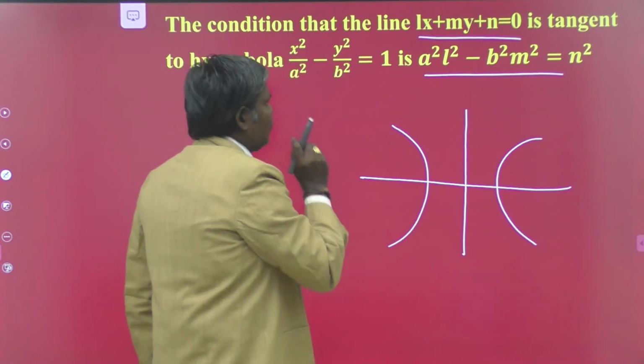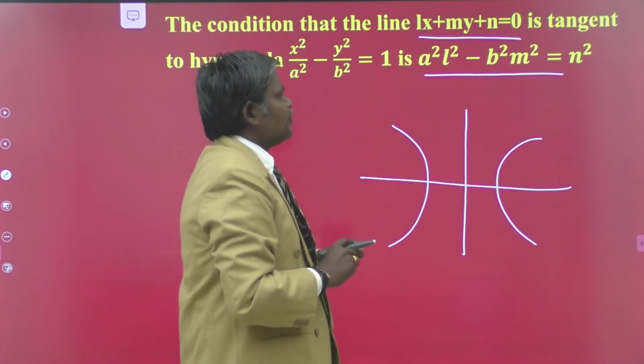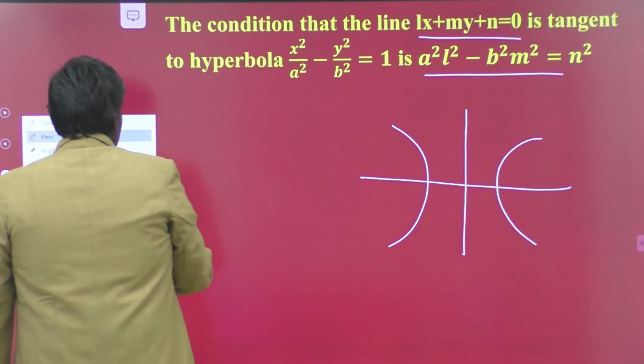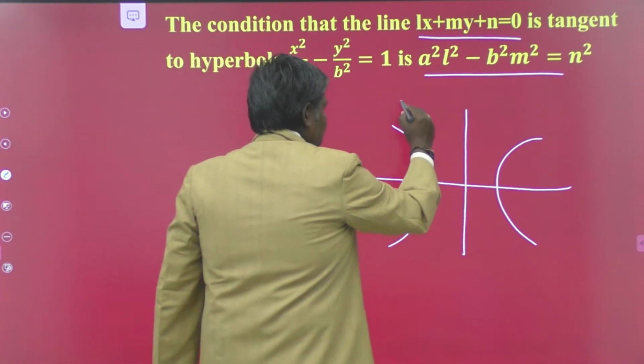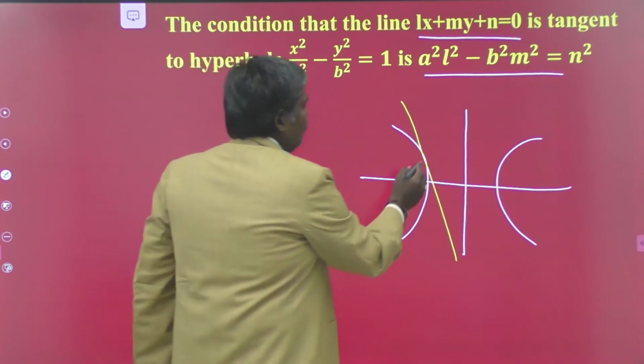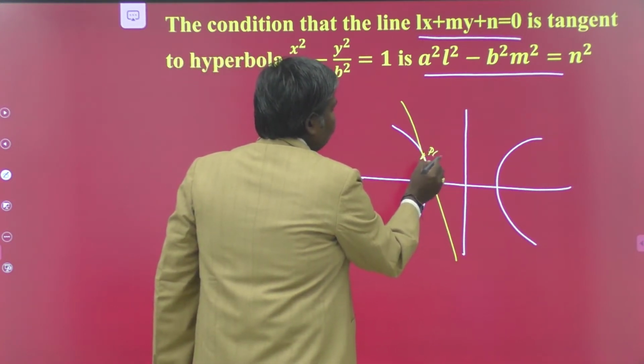Now, we have obtained the condition that the line Lx plus my plus n equal to 0 is tangent. Suppose the line Lx plus my plus n equal to 0 is tangent to the hyperbola at some point P of theta, say.